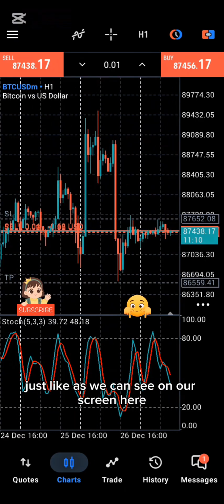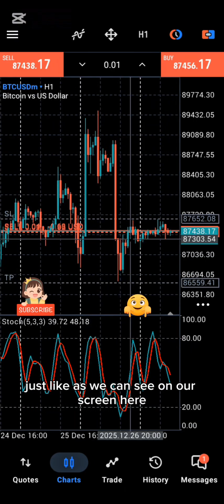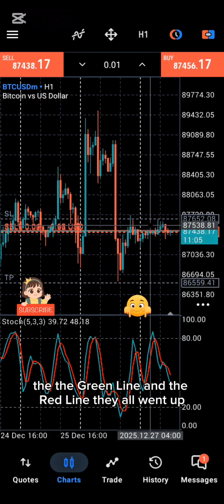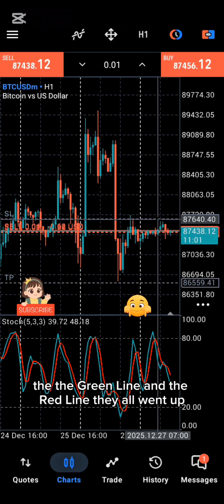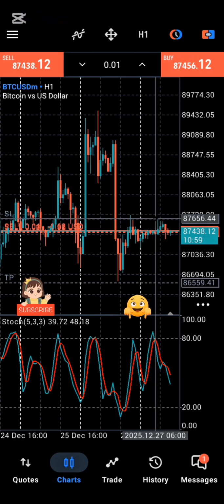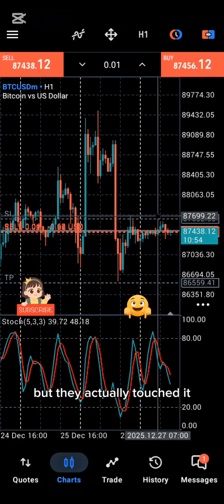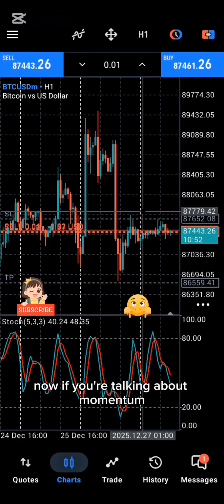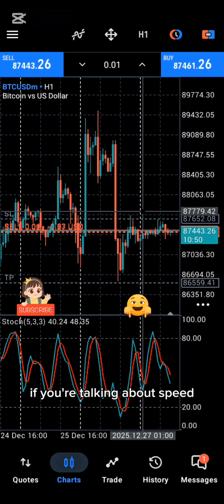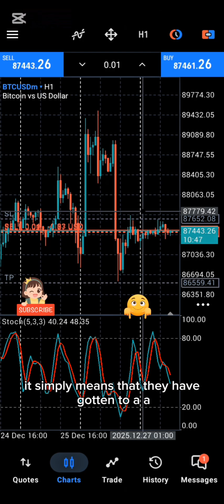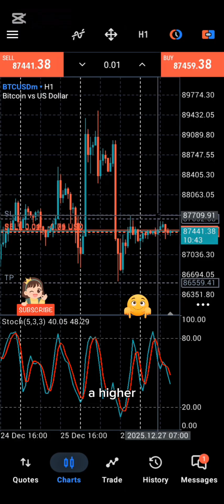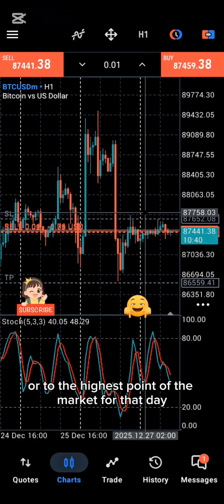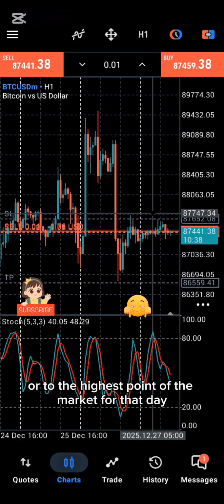Now, just like we can see on our screen here, the green line and the red line, they all went up. They didn't trade above it so much, but they actually touched it. Now, if you're talking about momentum, if you're talking about speed, it simply means that they have gotten to a higher, or to the highest point of the market for that day.